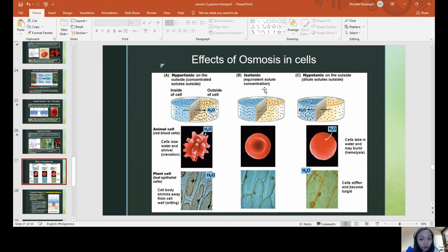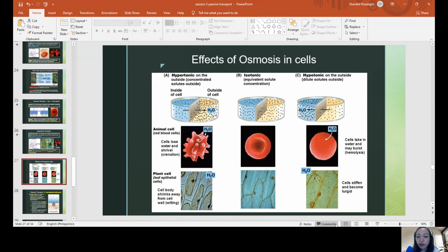If it is isotonic, very good. That is the best condition. Nothing will change in the concentration gradient. But when we say hypotonic, okay, that is still not good for the animal cells because it will burst, okay?